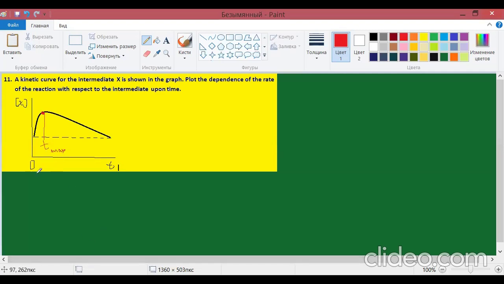Not here, of course, but down to the time axis. Yeah, and this is the time point t sub max. Okay, now we see that from 0 to t max, the concentration of the intermediate goes up, reaching a peak, right?